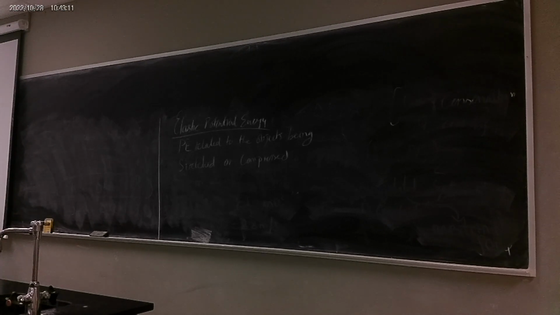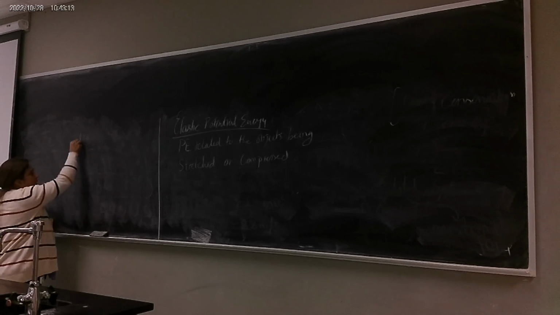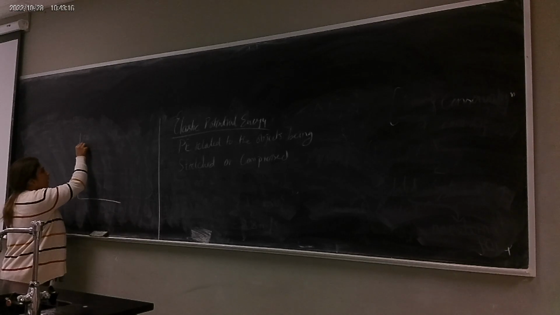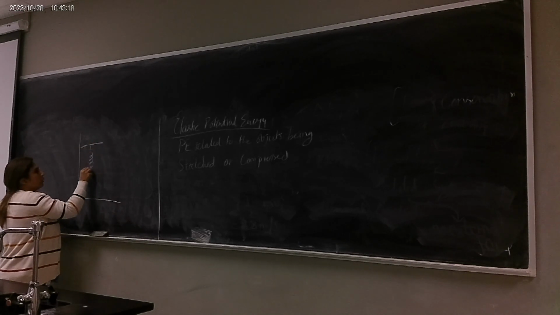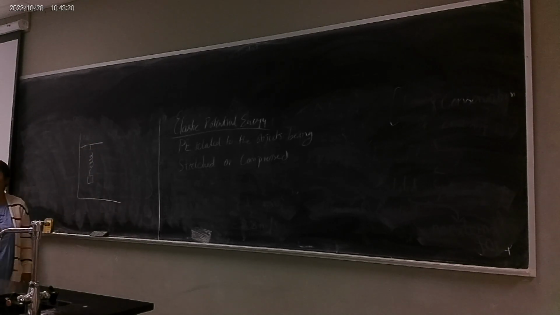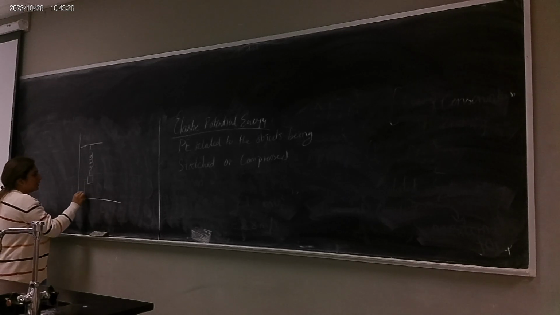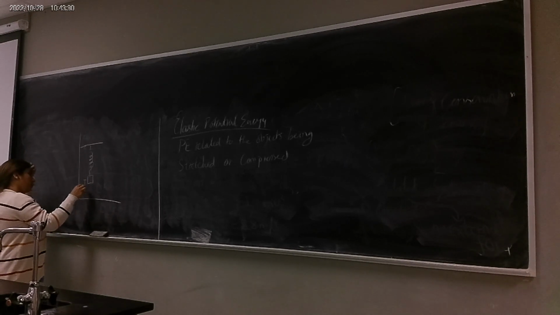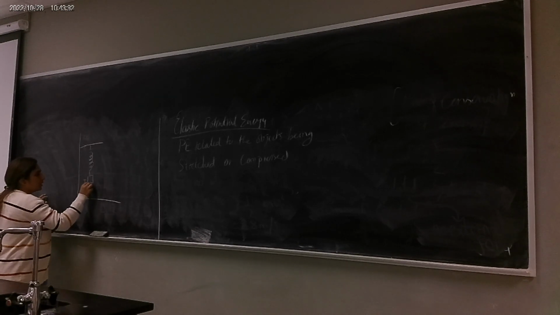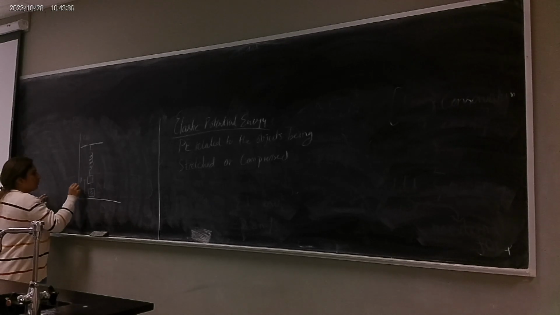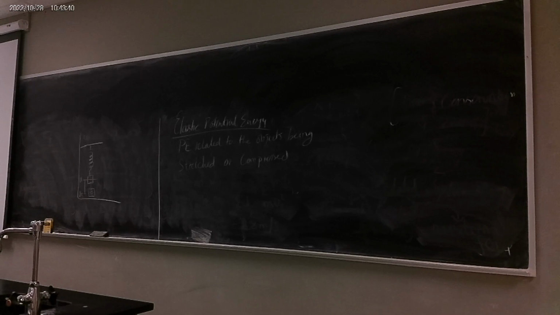So for example, if you have a spring, we often use the example of the spring. However, this force is related to all objects, but springs are easier to stretch or compress. So if you have a mass attached to the spring, and it is at some initial position, that is its equilibrium position where it's normally going to be.